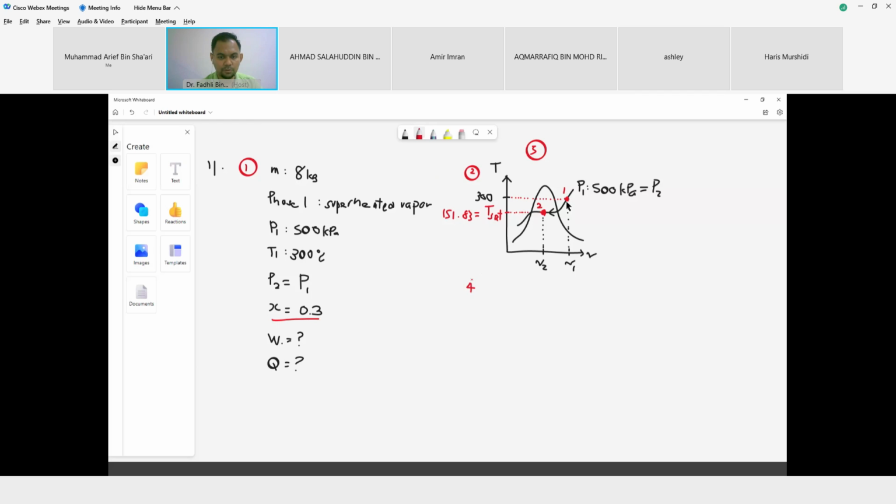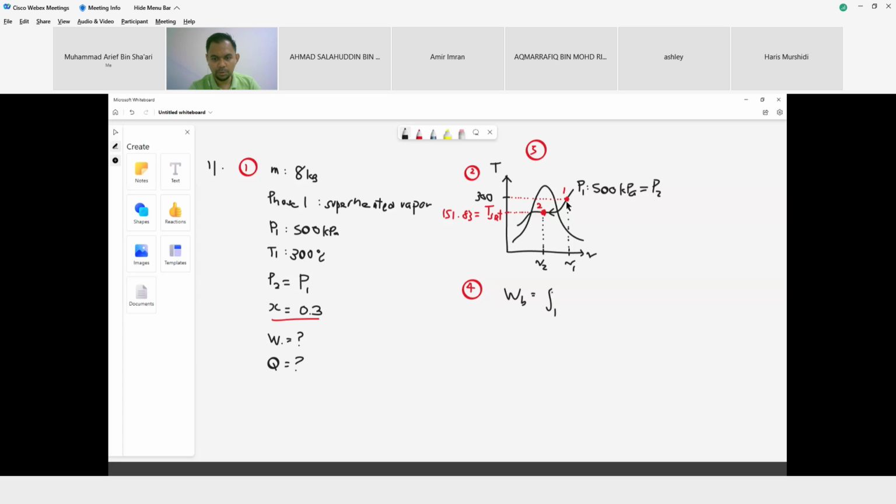For step number 4, by using the equations that we have learned, determine the work done and heat transfer during this process, process number 1 to number 2. First, work done, the boundary work, Wb.